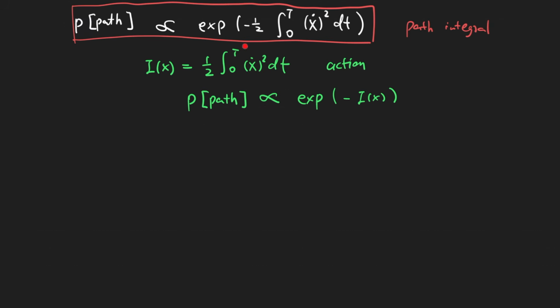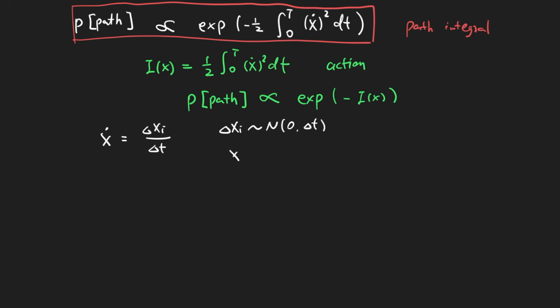Now this is a very neat formula, except there's one problem, which is the x dot. The time derivative of the Brownian motion can be problematic. This is because the Brownian motion is not differentiable. So let's take a closer look. Basically, x dot is defined as delta x_i over delta t. And with Brownian motion, we know that delta x_i is normally distributed with mean 0 and variance delta t.